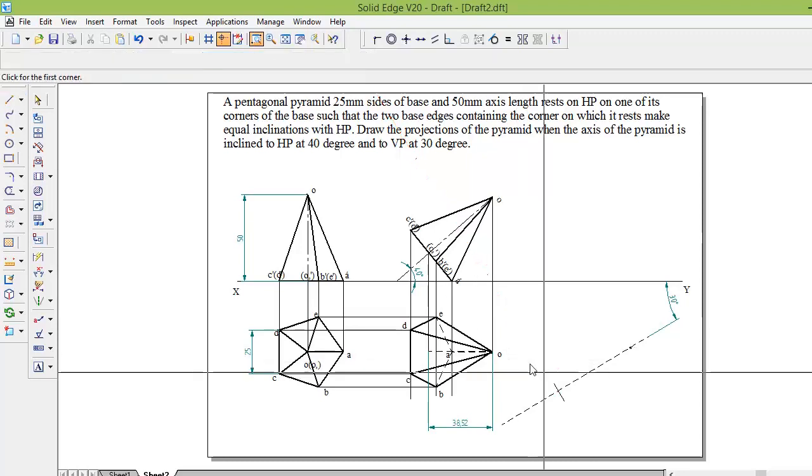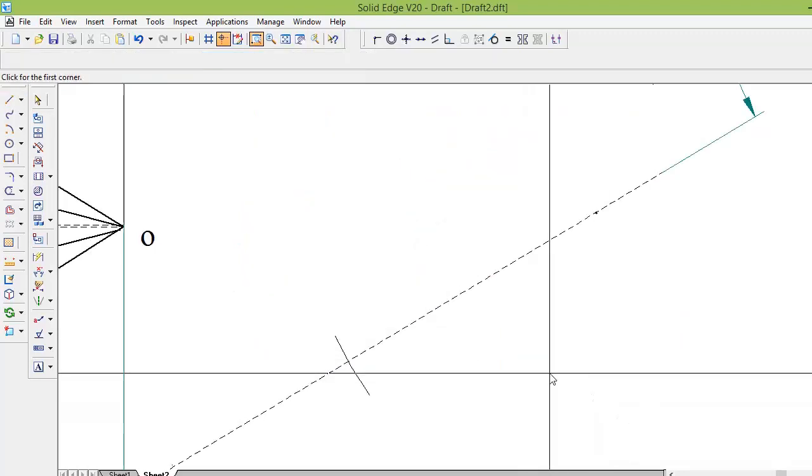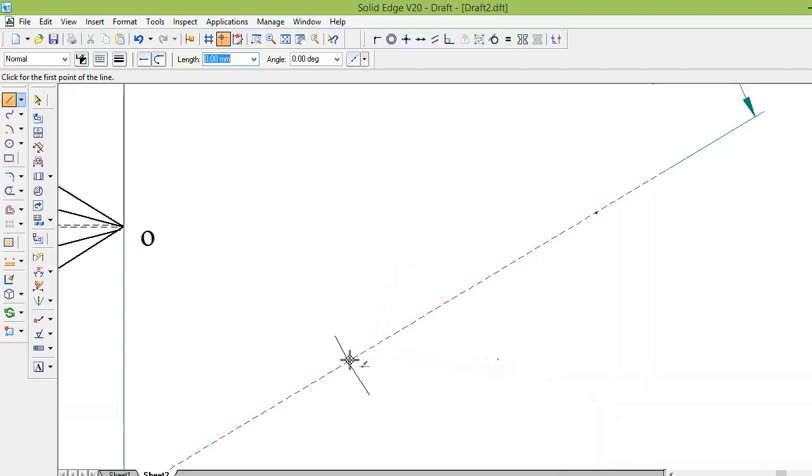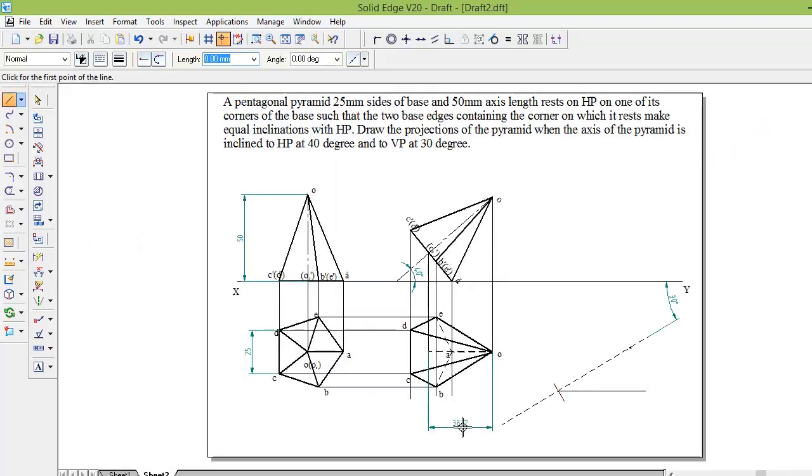So I will zoom this. See, from intersection I will draw a line here. Then I have to cut an arc from this point, 38.52. So go to arc by center point again. So this is the point.